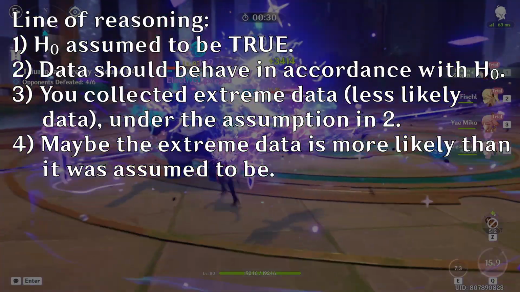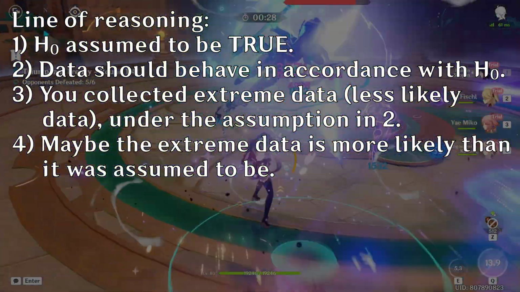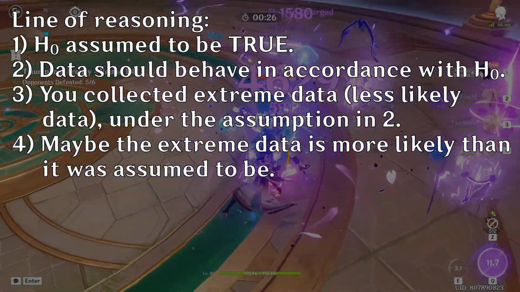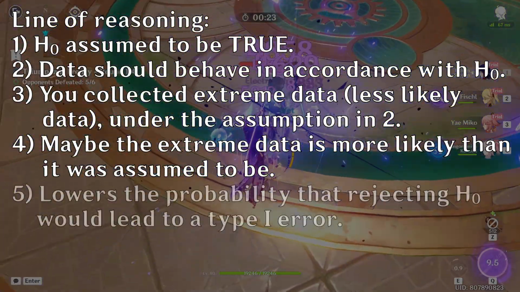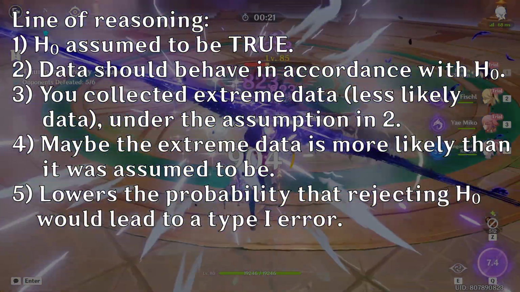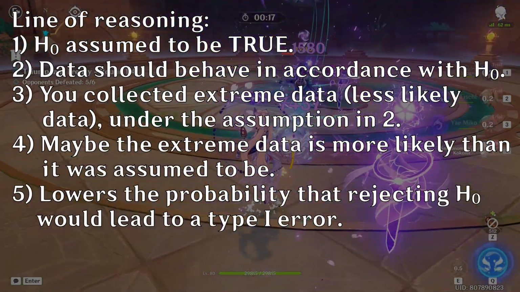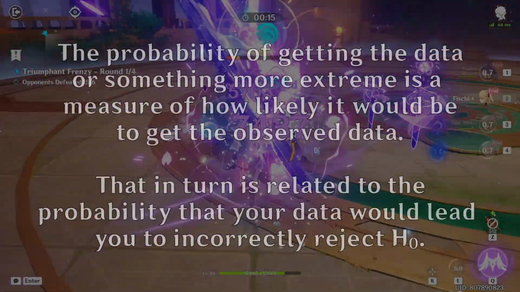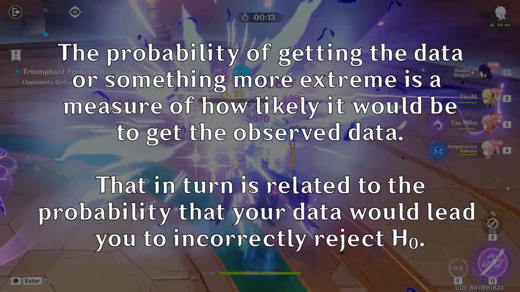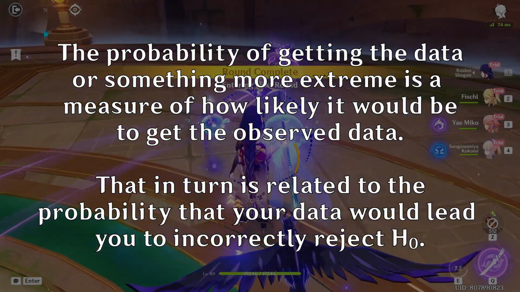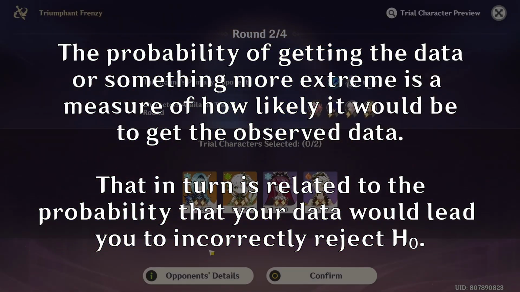Perhaps the data that was obtained is actually more likely than what the null hypothesis suggests. Therefore, it lowers the probability that choosing to reject the null hypothesis leads to a type 1 error. The probability of getting the data you'd collected, or something more extreme, and the probability of a type 1 error based on the observed data are literally the same.